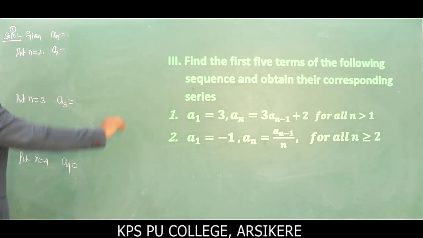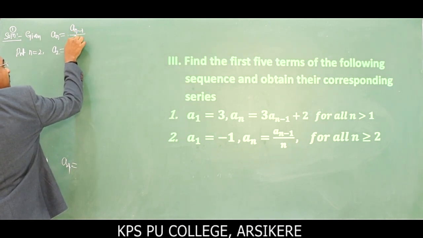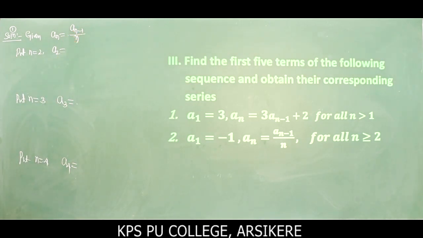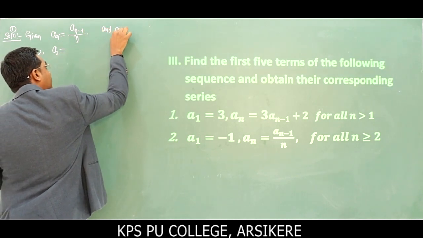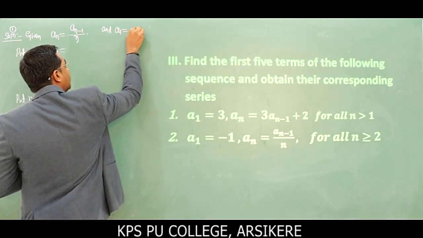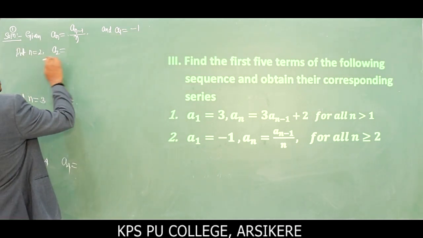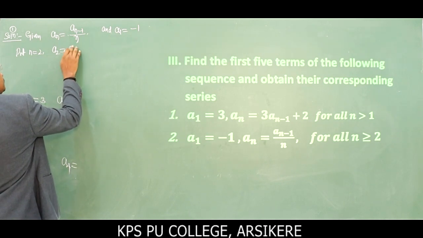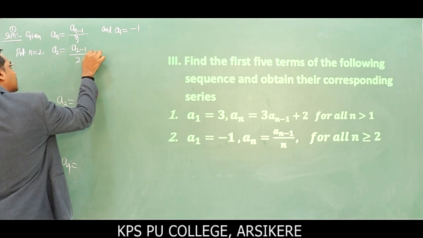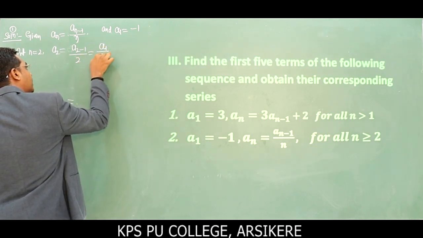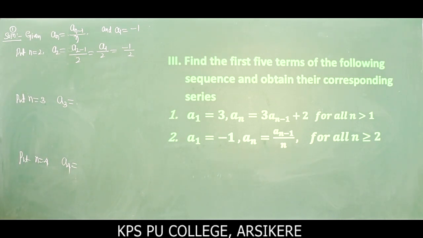Given the sequence an is equal to a(n minus 1) divided by n, and a1 is equal to minus 1. Substitute here. When I substitute n is equal to 2, a2 is equal to a1 divided by 2, which is minus 1 divided by 2.